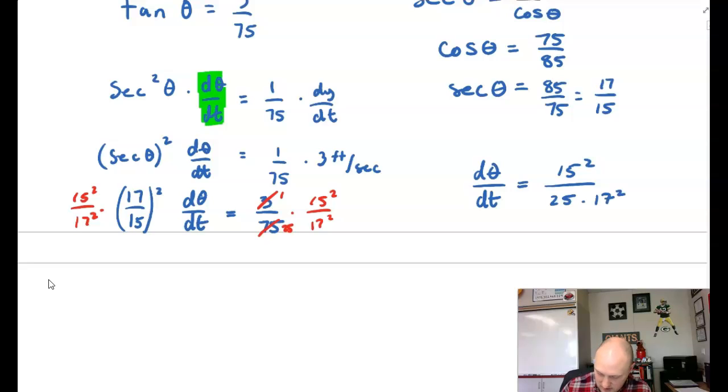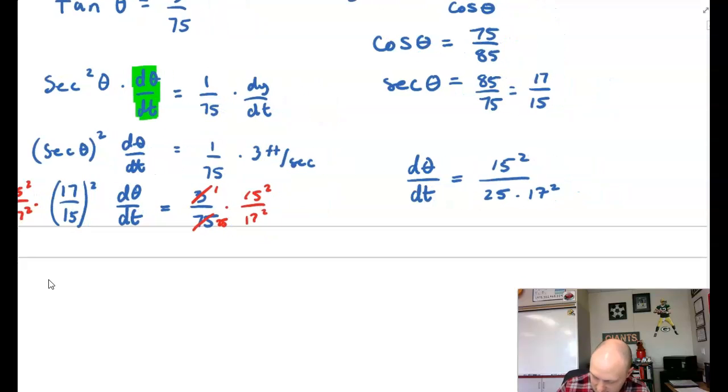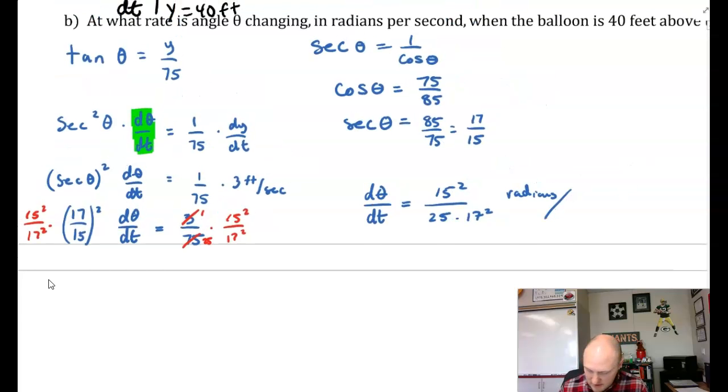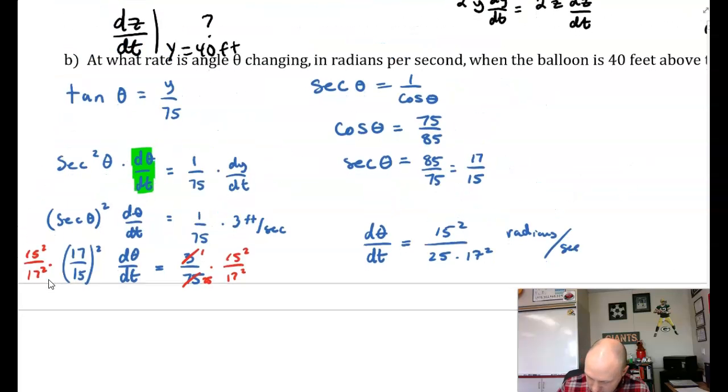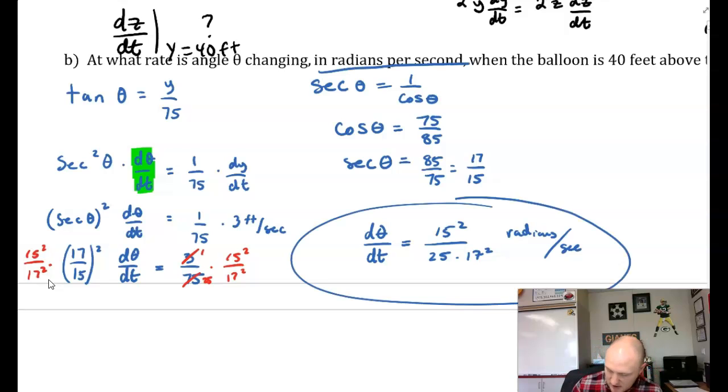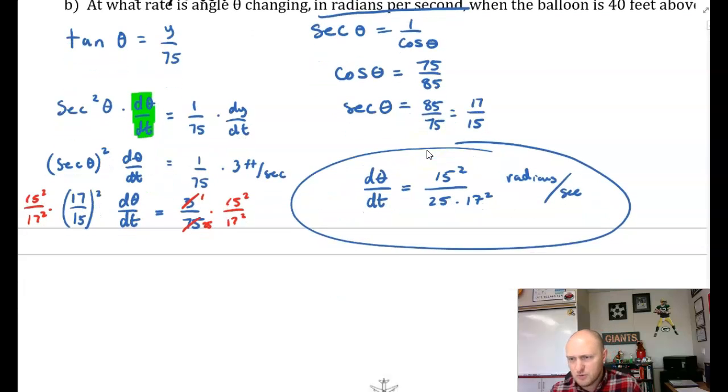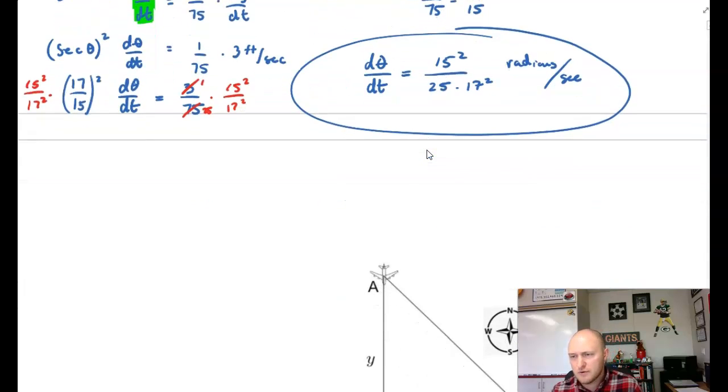And I'm just going to leave it like this. And again, this is in radians per second. And they tell us this in the problem. In radians per second, what is it? So there you go. There is your numerical value. You could plug that into a calculator and find an approximate answer, but that would suffice for a free response question.